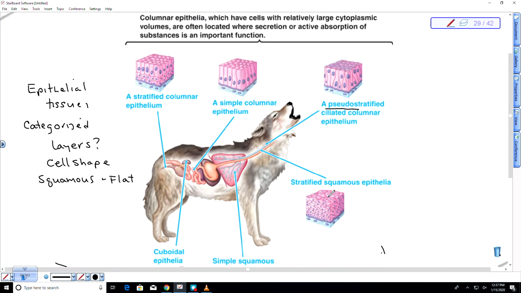So that would be like in the lungs. The respiratory membrane is simple squamous. Okay. We can also see that a lot of them are columnar. So they're column shaped. And that is important when we're talking about digestion and absorption. So this would be like in my small intestine.